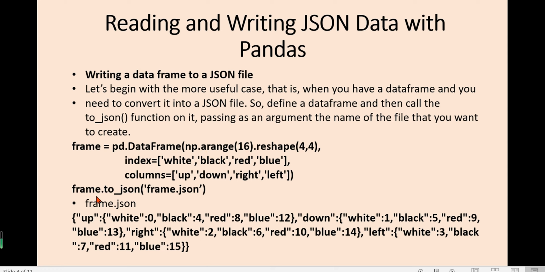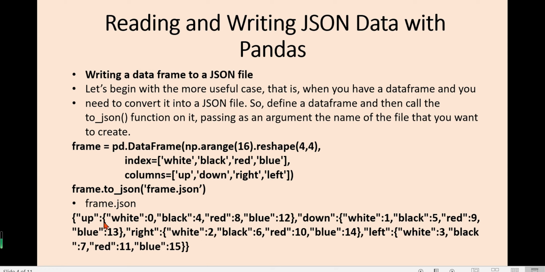Then we call frame.to_json with frame.json, and this file will be created in the working directory. If we open this file, it will look like this in braces. This is a big object, a whole object, and in this object there are 4 first-level keys: up, down, left, right, and these are actually the column variables of the data frame.